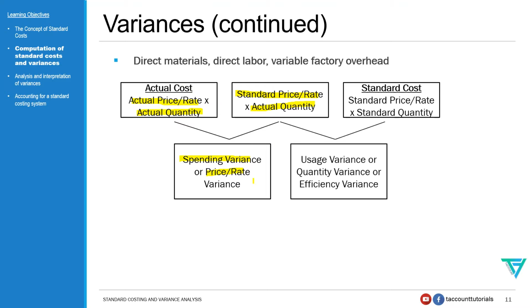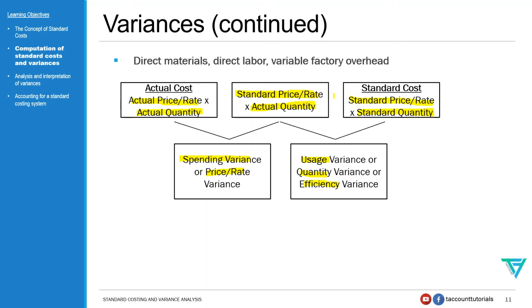And then moving on, if we would also be trying to get the difference between the middle figure and the standard cost, again, if we look at the variables here, we can see that the standard price or rate did not change, whereas the actual and standard quantity are the variables that change. This leads us to the usage, quantity, or as known, efficiency variance, right?